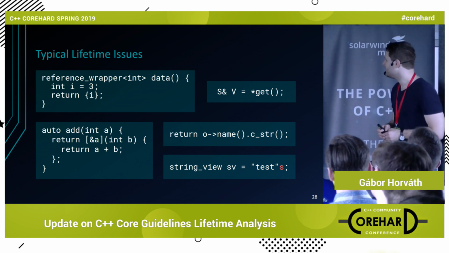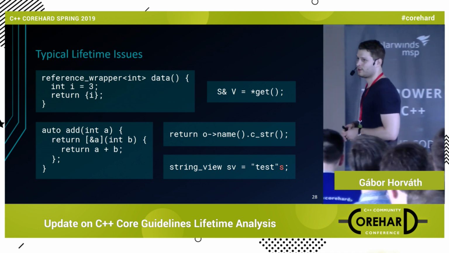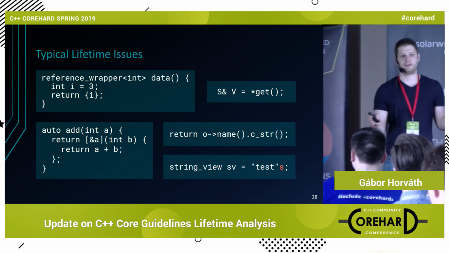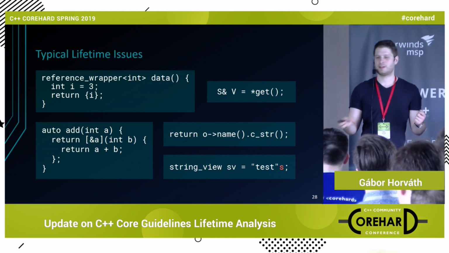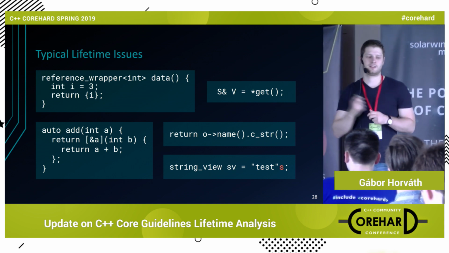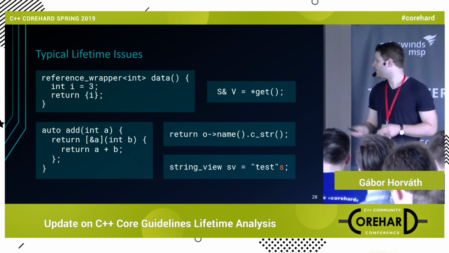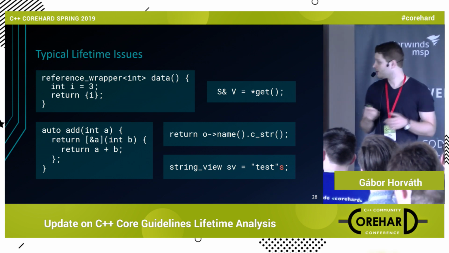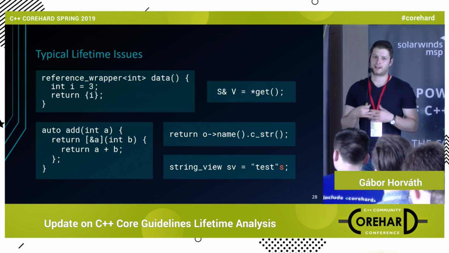But in case name returns std::string by value, then we will have a temporary std::string object. We will get back a pointer that is pointing into the buffer of this temporary std::string object, and at the end of the full expression, this std::string object will be released, and we will return a dangling pointer.